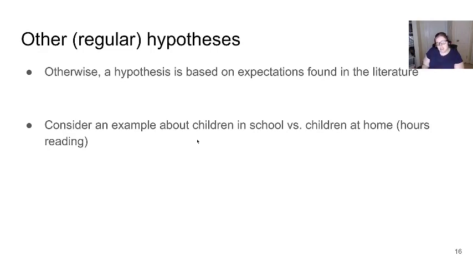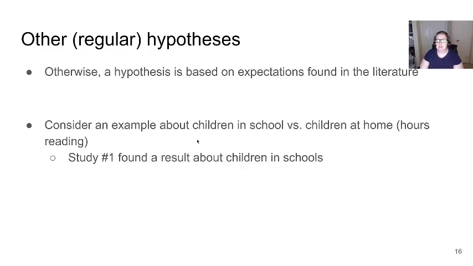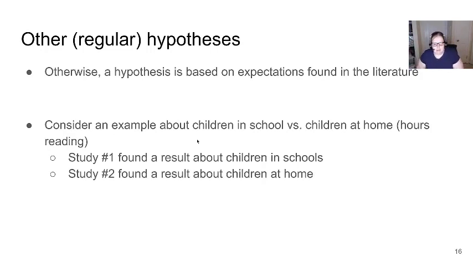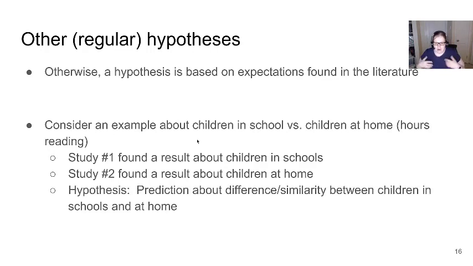And then hours reading is some kind of operationalization of another construct, but we'll just pretend it's a construct for now, right? So study 1 might tell me something about how much kids read in school, and study 2 might tell me something about how much kids read at home. And so I might make a hypothesis about how those are different or similar, right? Based upon the 2 previous studies. Study 1 and study 2 exist in this hypothetical example about how much kids read in those 2 contexts.